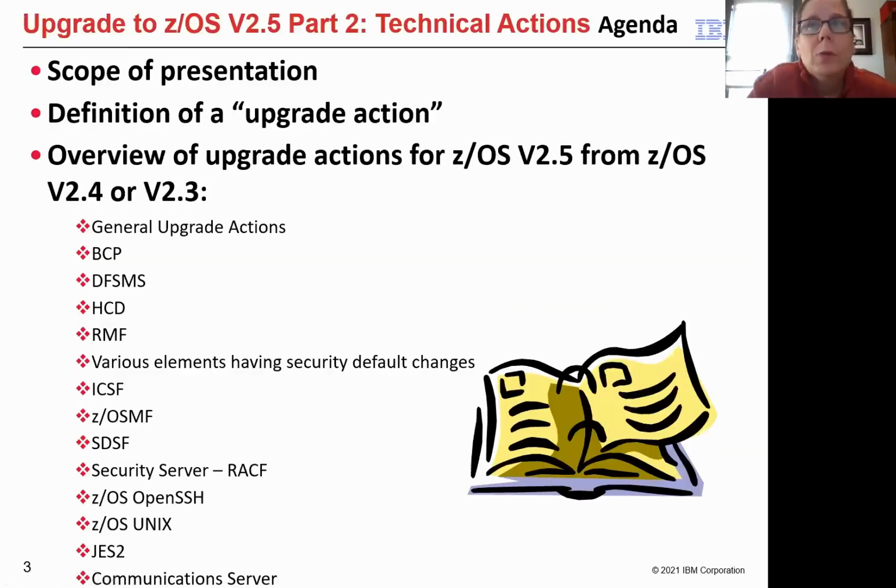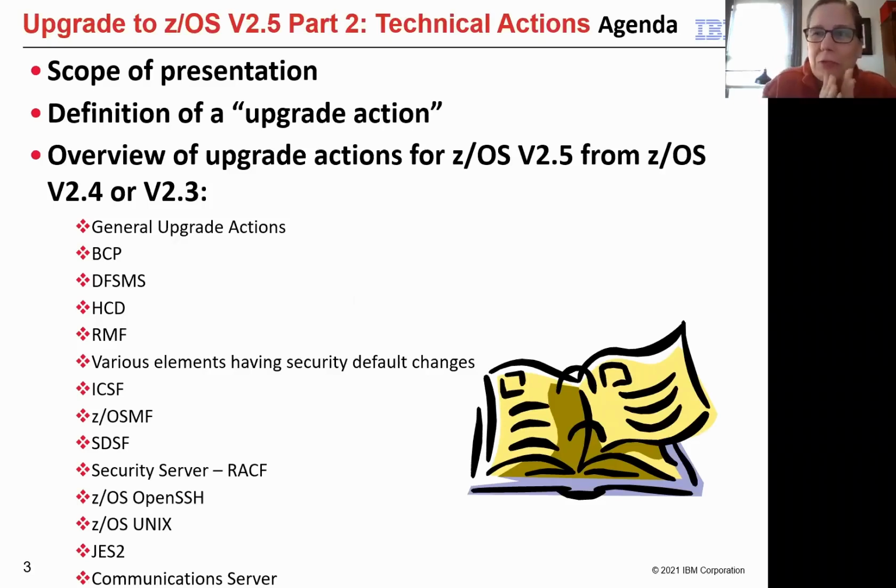I'm going to talk about upgrading actions, the technical actions, in this portion of the presentation. I'll cover those coming from zOS 2.3 to 2.5 and also those coming from 2.4 to 2.5. However, I'm not going to cover a whole lot about what happened in 2.4 because that was 2 years ago.